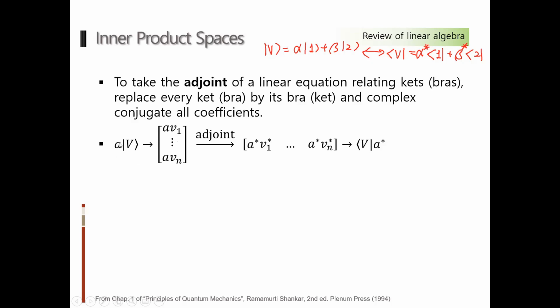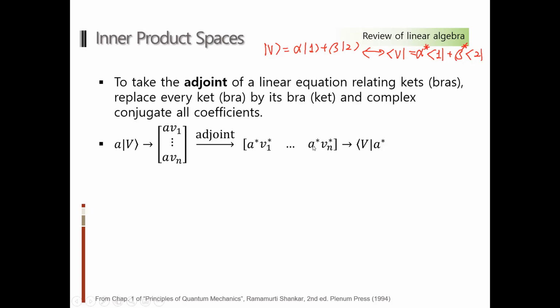Then the multiplication of the scalar will be multiplied to each of the components. But whenever we are taking the adjoint operation, each of the components will be transposed, and at the same time we should take the complex conjugation of the corresponding values like this one.